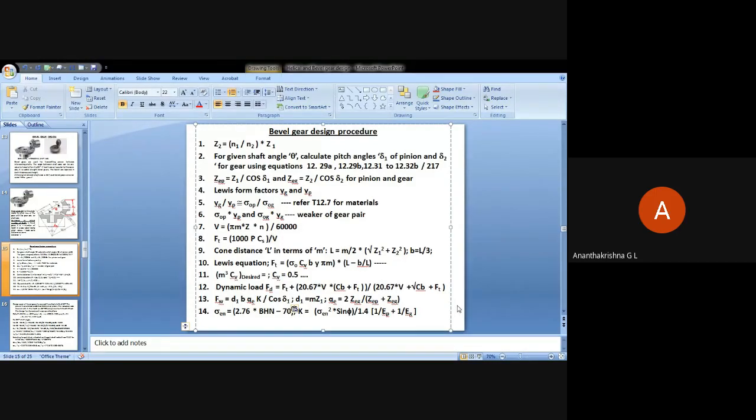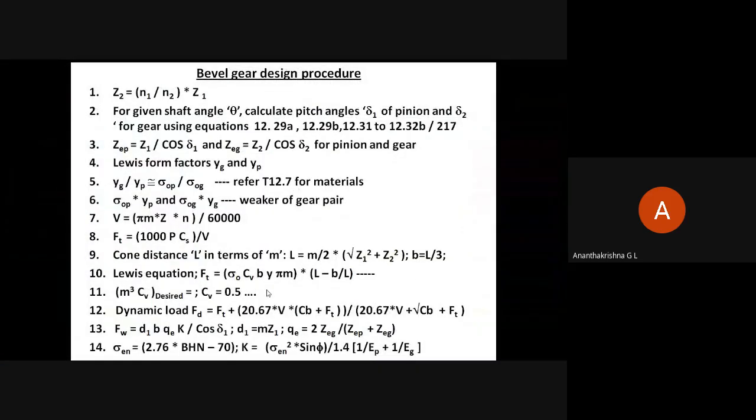Okay, no more issues there. Now find out Fw, that is wear load given by D1 b Qe K by cos delta 1, where D1 is m Z1, Qe is 2 Z virtual number of teeth on gear by virtual number of teeth on pinion plus gear, and then take endurance strength K, then substitute in Fw and see that Fw is greater than Fd value.